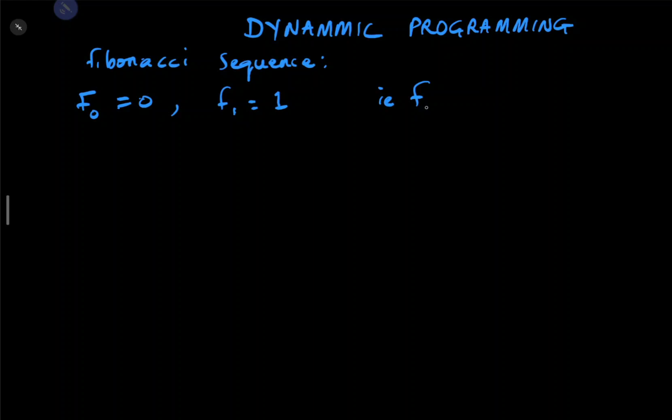The third item will be a sum of F0 and F1. The fourth item will be a sum of F2 plus F1. That's how it continues until you decide to stop.